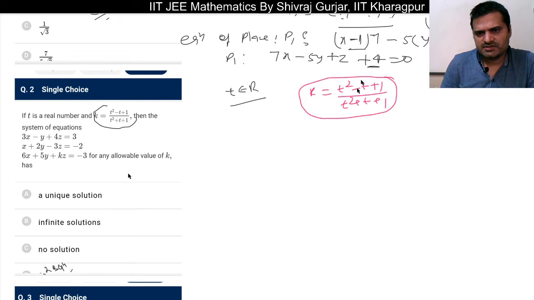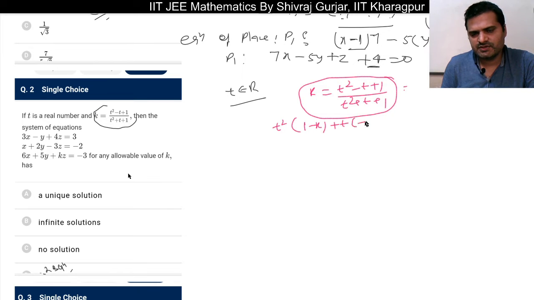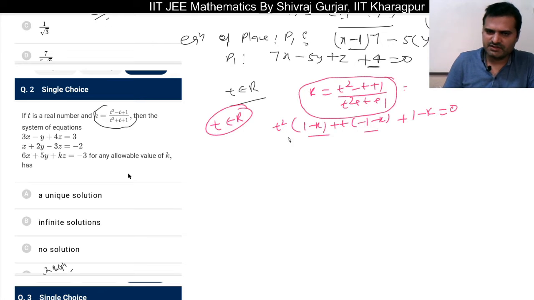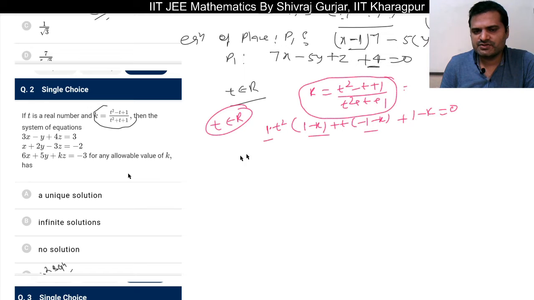We can say this is nothing but quadratic in t, so this can be written as, if you multiply, (1 minus k) t square plus (1 plus k) t plus (1 minus k) equals 0. Now if t is a real number, then there exists some t for this constant, so this discriminant, because the coefficient of t square is 1, will be an upward going parabola.